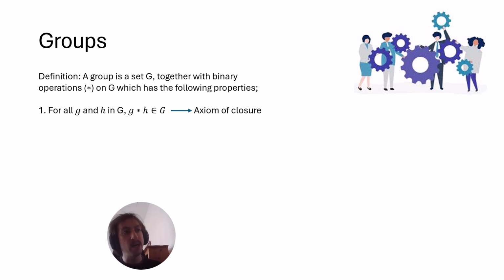It means that our binary operation is capable of jumping between elements in our set, but we can't use it in conjunction with the set to get an element that is outside of the set.